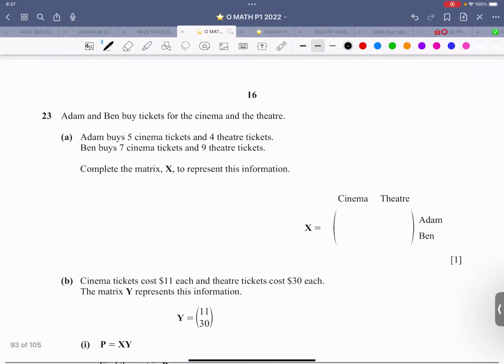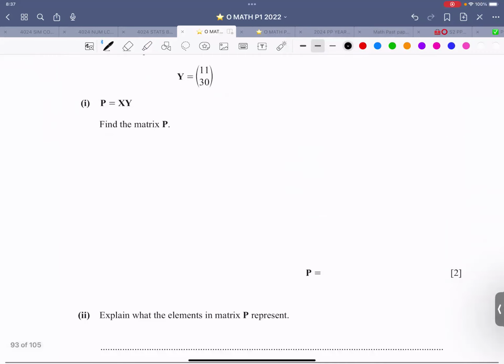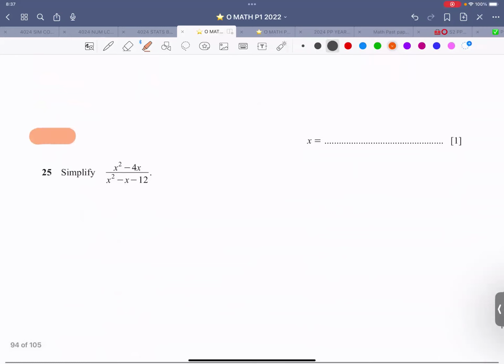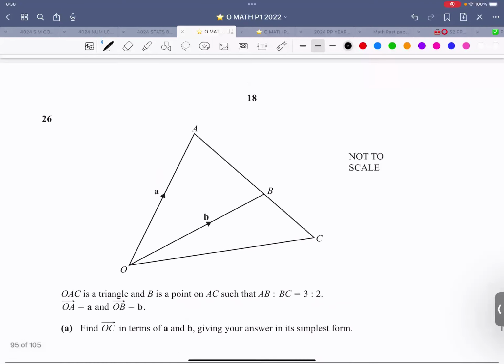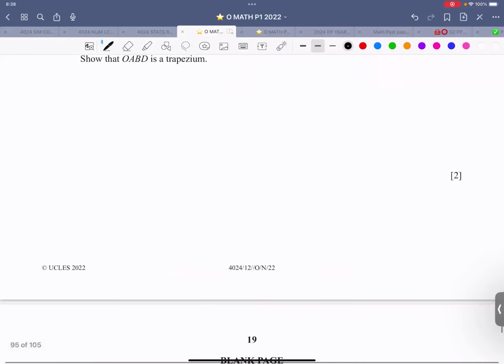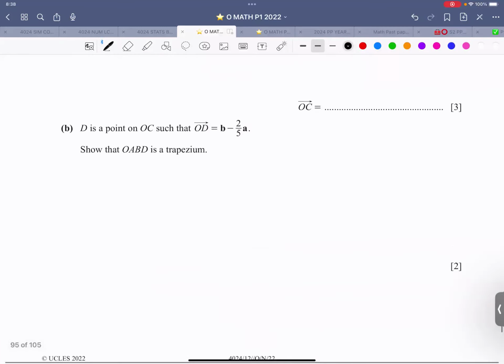Question number 23, this is matrices with a word problem. And question number 24, this is trigonometry because sine is written over here. Question number 25, again, it's algebra. And question number 26, your favorite chapter, this is vectors. So I think there are 26 questions.